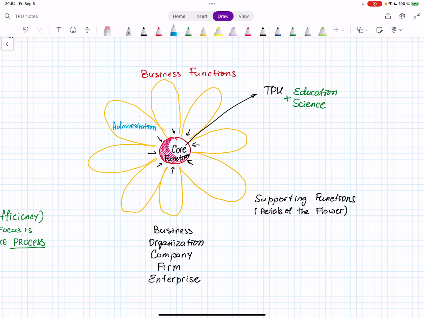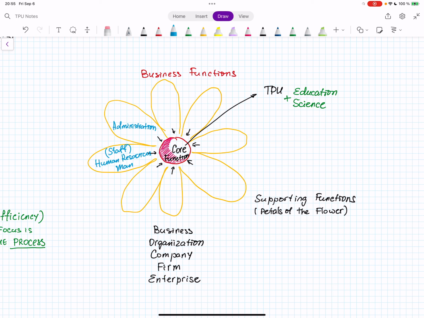Also, you need human resources management, or something connected with staff function. Because you need to find the right teachers to do the teaching, and the scientists. So this is human resource management.